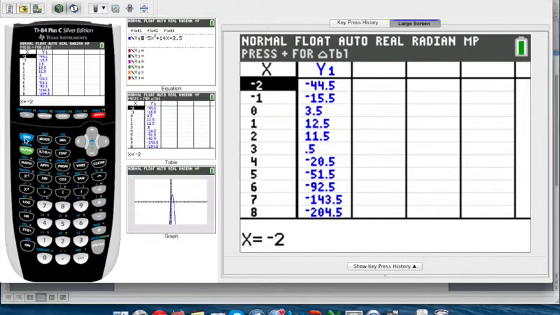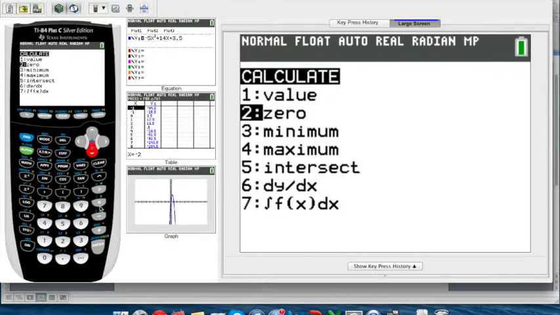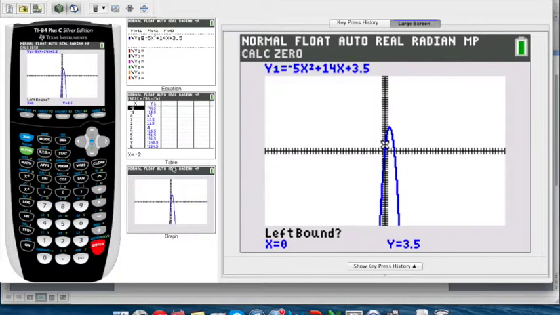Now we can find other points using second trace and zero. Go to left bound, right bound. It gives you an awkward number of negative 0.2, and y is equal to 0 right here.